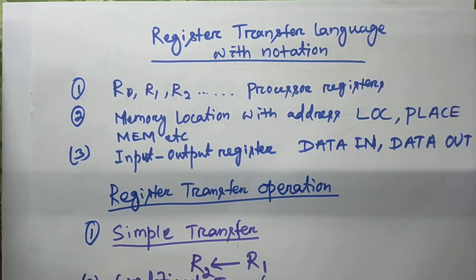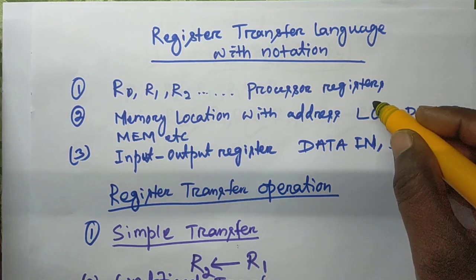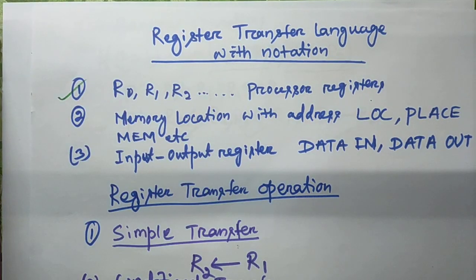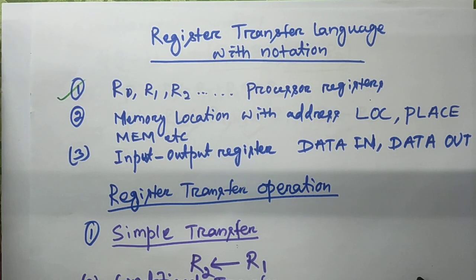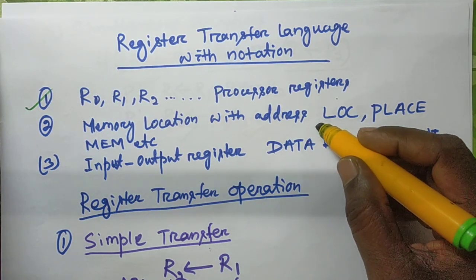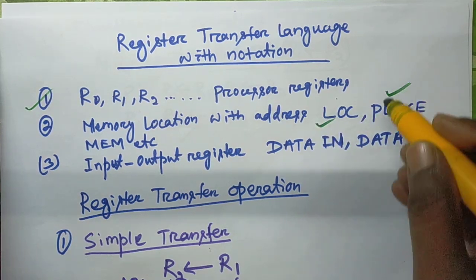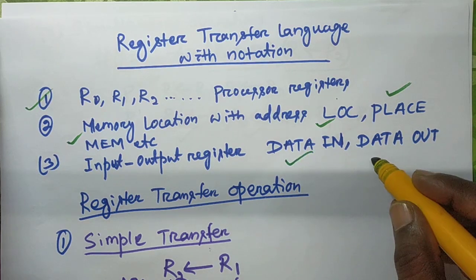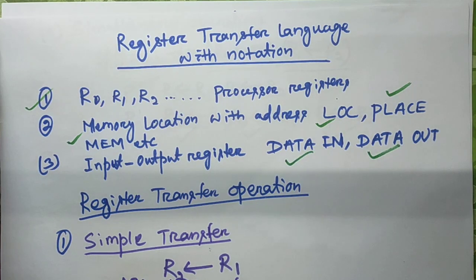One notation is used for processor registers. For memory locations, a simple notation is used for the address of data, like LOC, place or memory. For input output registers, we can consider data in and data out. These are the notations.